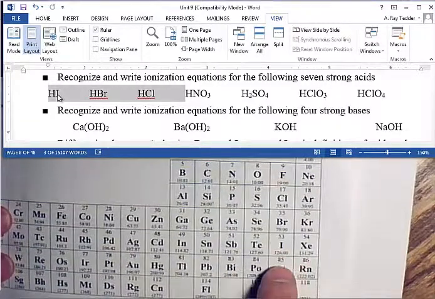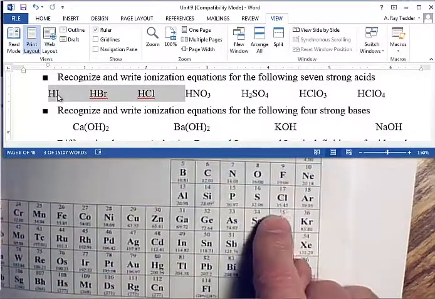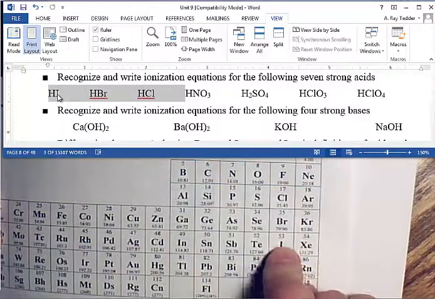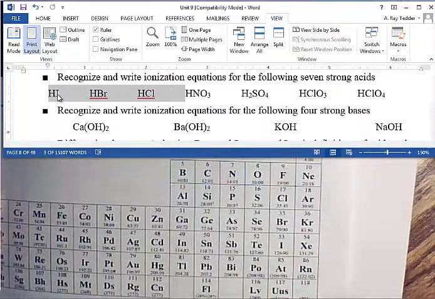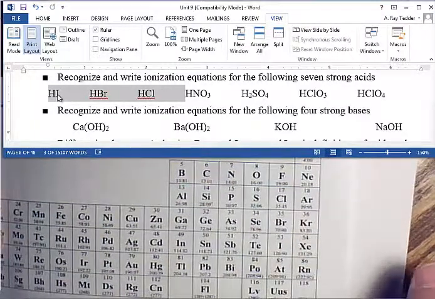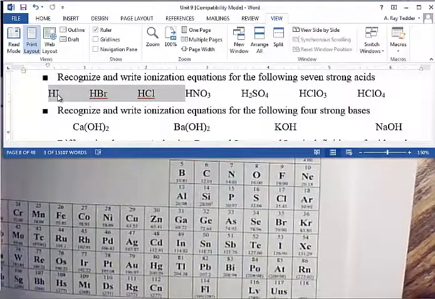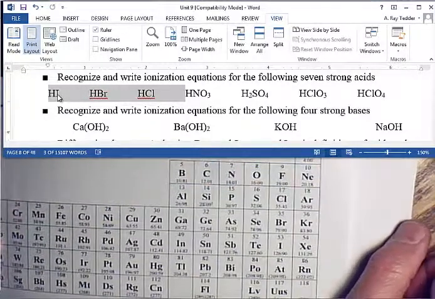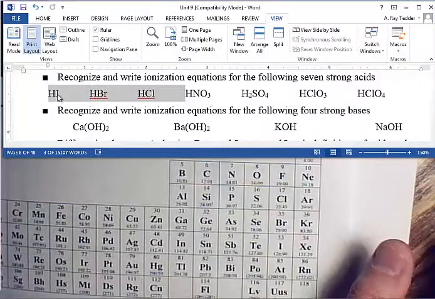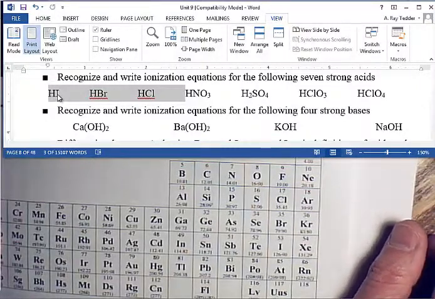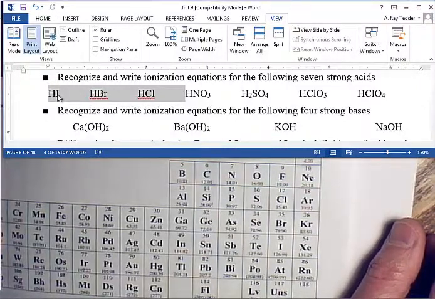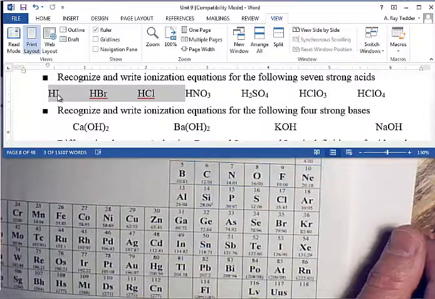Now, the key thing is that these are the halogens in the middle. Okay, so the strong acids, at least the strong binary acids, have halogen anions in the middle. Does that make sense to you?